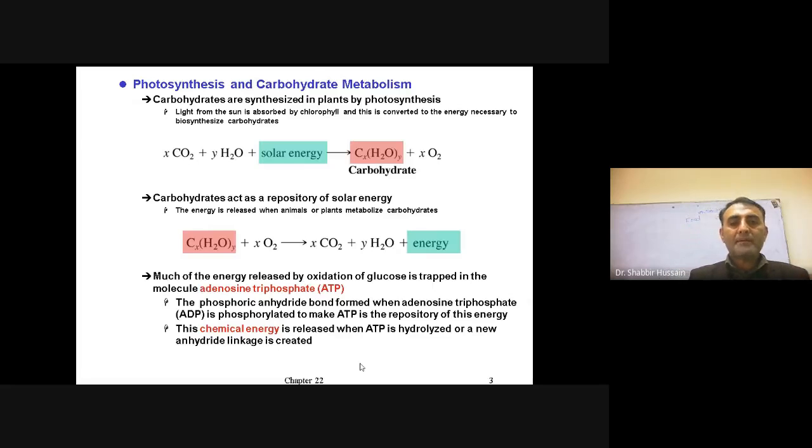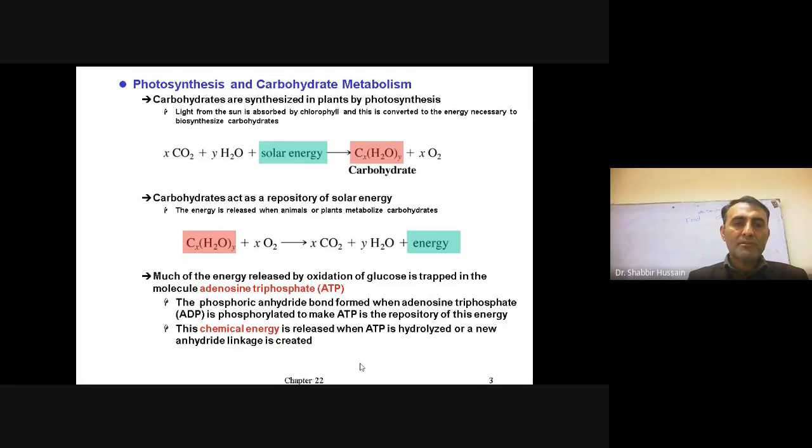Light from the sun is absorbed by chlorophyll, and this is converted to the energy necessary to biosynthesize carbohydrates. So light energy is converted into chemical energy.